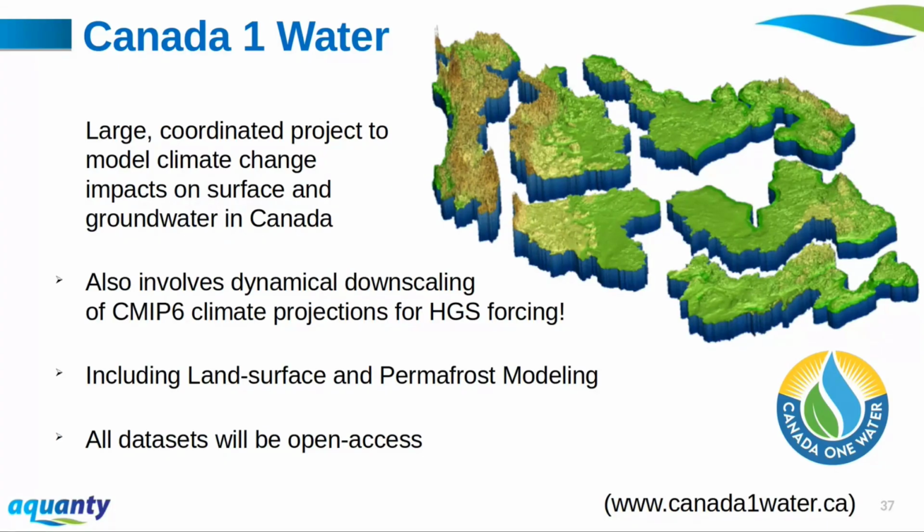So we'll be running large basin scale models for the Great Lakes Basin, for example, or the Nelson Basin or the Mackenzie Basin, right? And at some point we'll publish these modeling results, and there will be, for example, groundwater table depth, like pressure heads available for climate scenarios from these large-scale models, and then the same climate scenarios will be available also for other people to do modeling with.